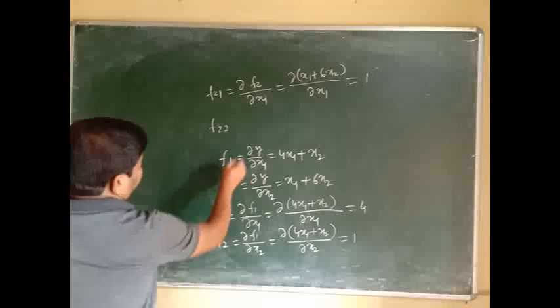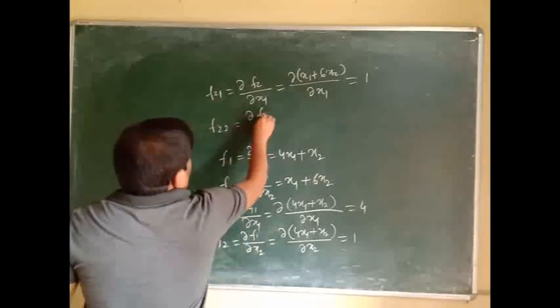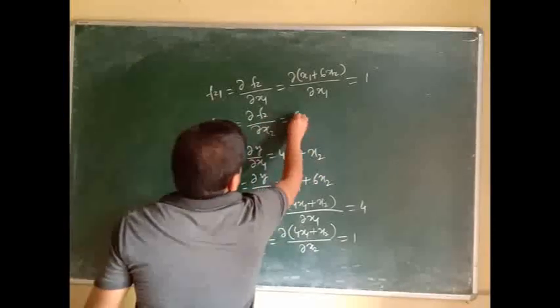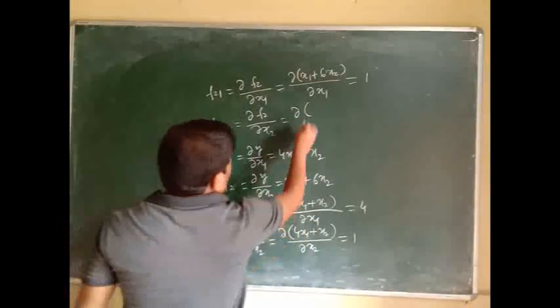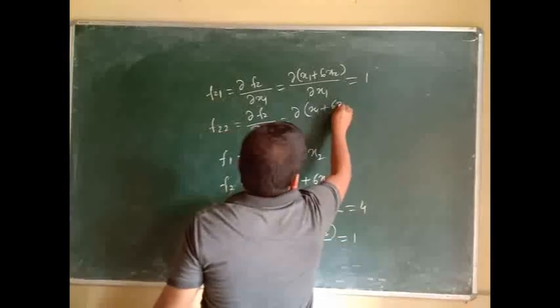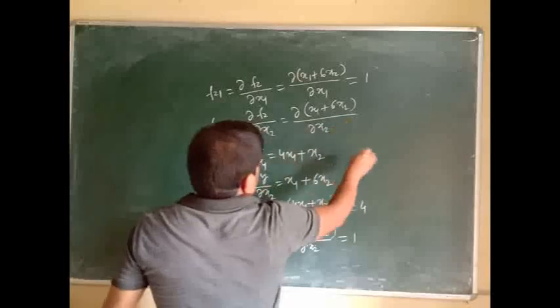So what is our f22? f22 is del f2 with respect to x2. Our f2 is x1 plus 6x2 with respect to x2.